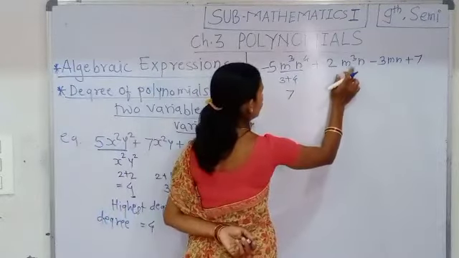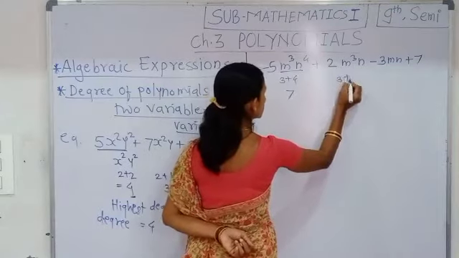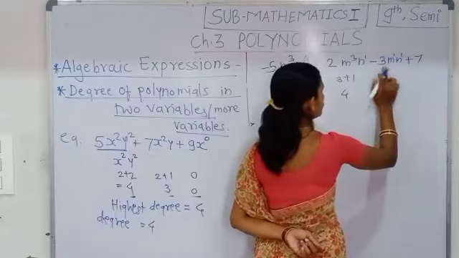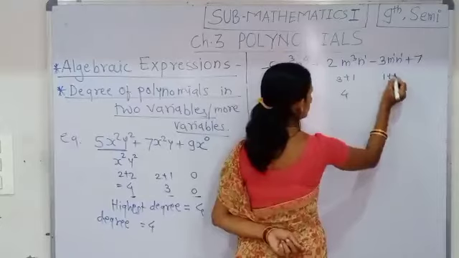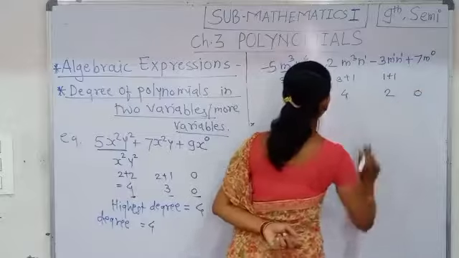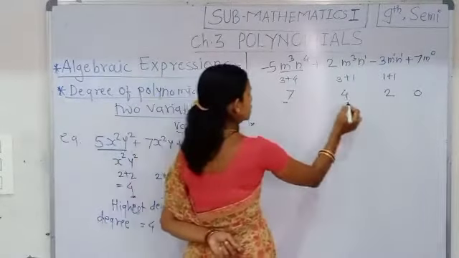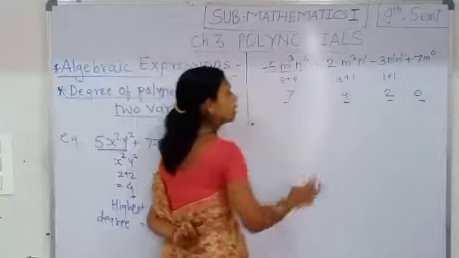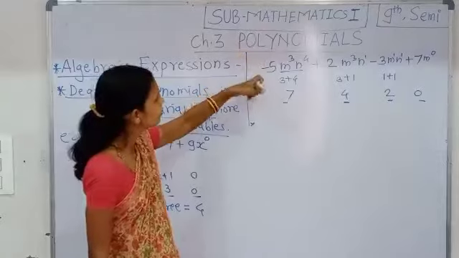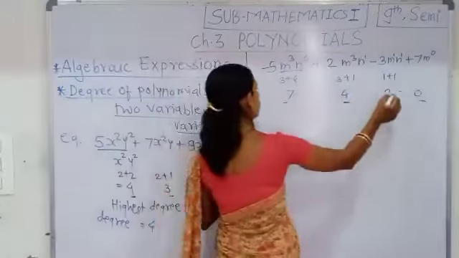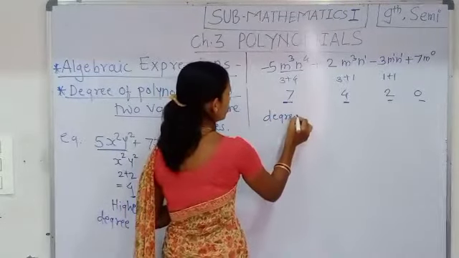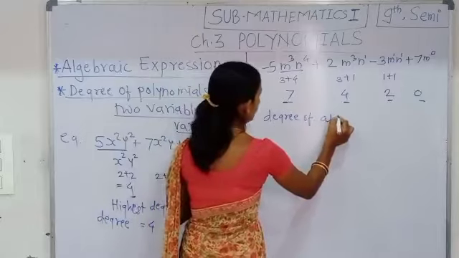The degree of the variables in the second term is 3 plus 1, that is 4. And here the degree of the variables is 1 plus 1, that is 2. And here 7m raised to 0, that means the degree is 0. Therefore the degrees of the variables given in the terms of the given polynomial are 7, 4, 2 and 0. Here the highest degree is 7. Therefore the degree of the above polynomial is 7.